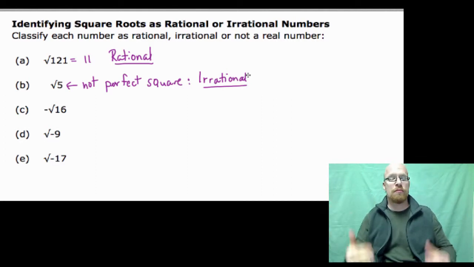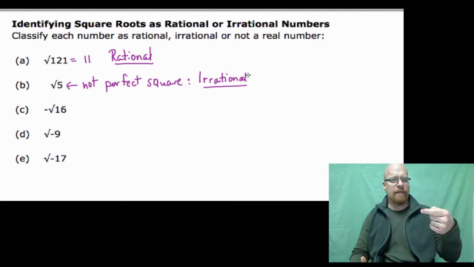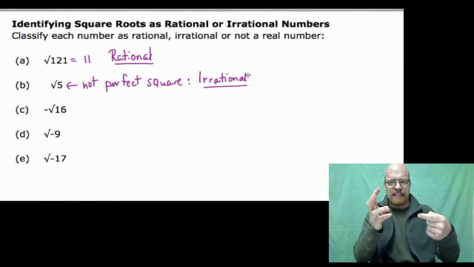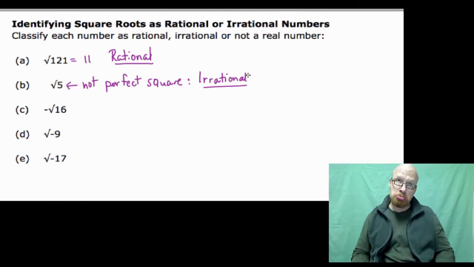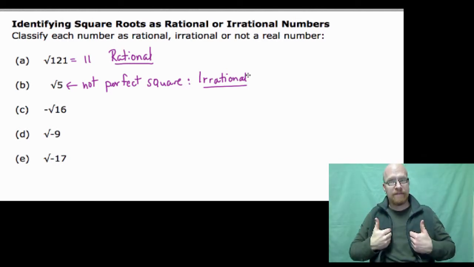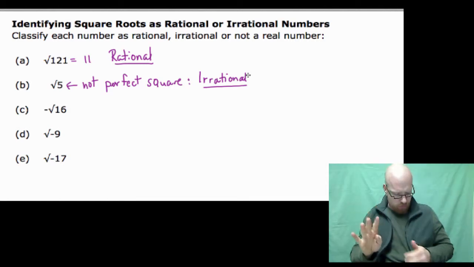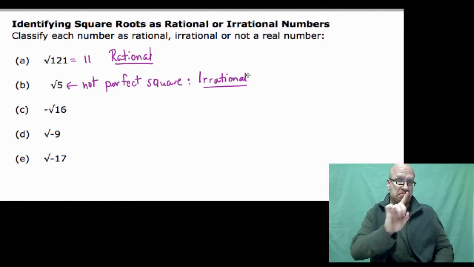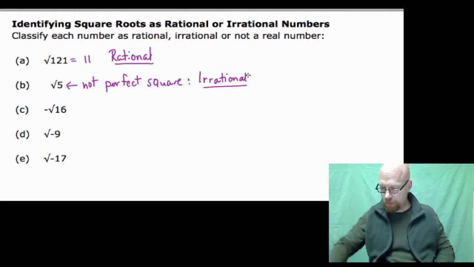Now C, negative times the square root of 16. Well, square root of 16, there is one of those. It's 4. Therefore, the answer would be, it's rational. So yeah, that works.